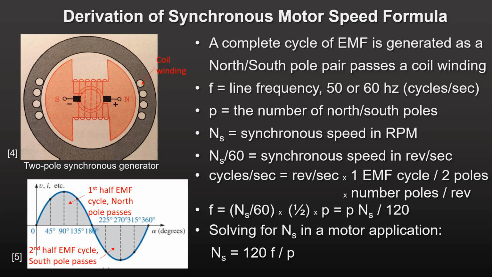Substituting values, F equals N sub s over 60 times a half times P, which equals P N sub s over 120.